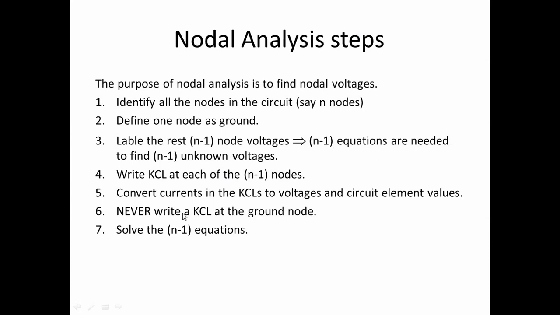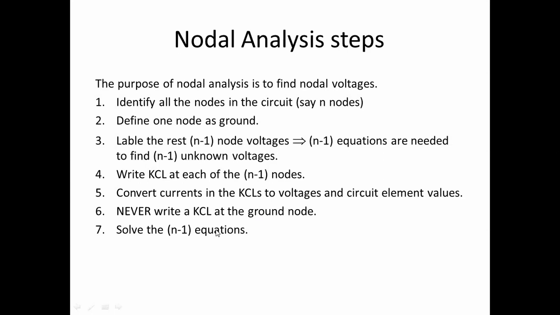Okay, this is very important: never ever write a KCL at the ground node. Please think why one should not write a KCL at the ground node. Right now I'm not answering this; we'll come back and discuss this sometime in a live session. Once we've written them, we solve these n minus 1 equations.